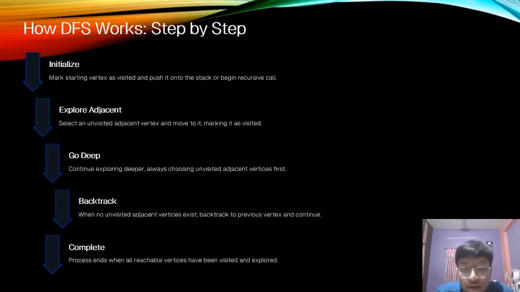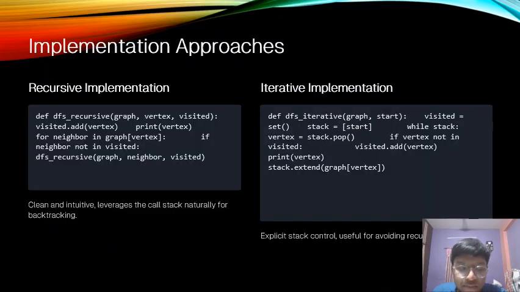Backtrack when no unvisited adjacent vertices exist. So backtrack and continue the process. This whole slide says how DFS works using the stack. This is the main idea of DFS using a stack. Let's go to the next slide.